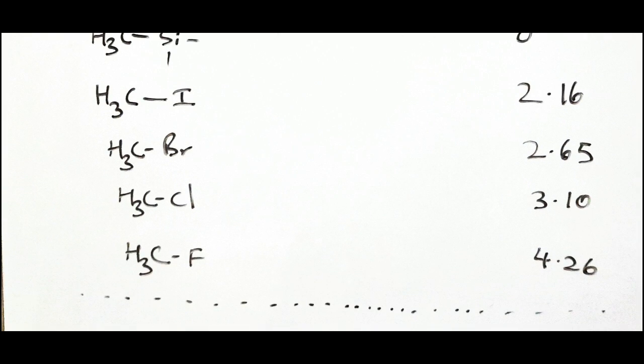When the iodine is replaced by bromine, the value is 2.65. When the bromine is replaced by chlorine, methyl chloride, the chemical shift value is 3.10. And if the chlorine is replaced by fluorine, then the chemical shift value is very high. It is 4.26 among the members of the halogen family.